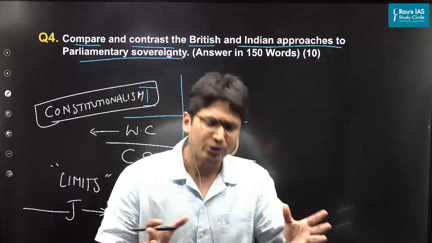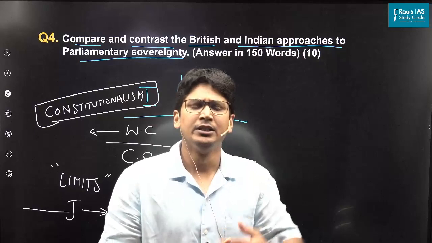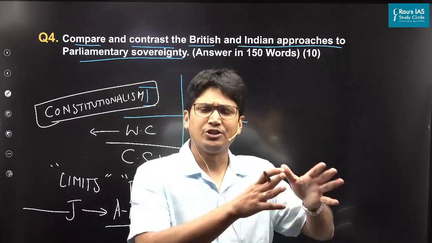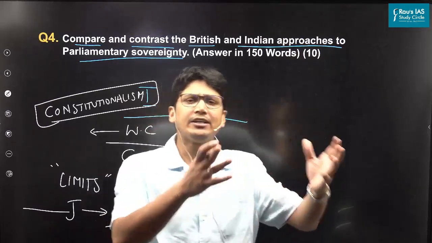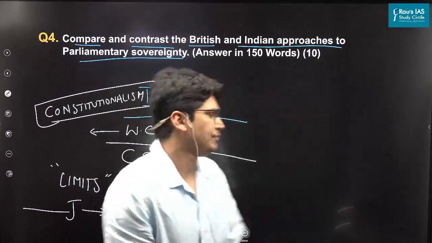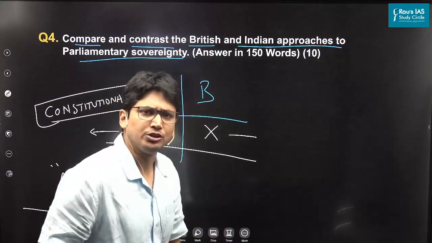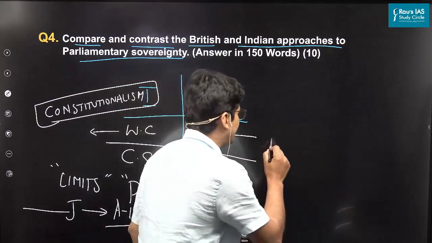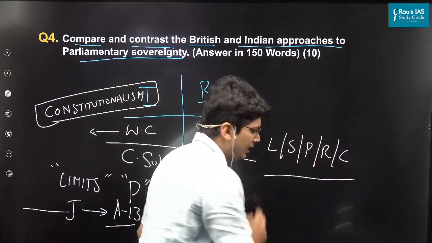And this element of judicial review has further enabled the Supreme Court or the higher judiciary, or we can say the constitutional courts, to further interpret various provisions of the Constitution. Now, when we talk about Britain, they do not have a written constitution, and rather they have various legislation, statutes, precedents, rules, or conventions.